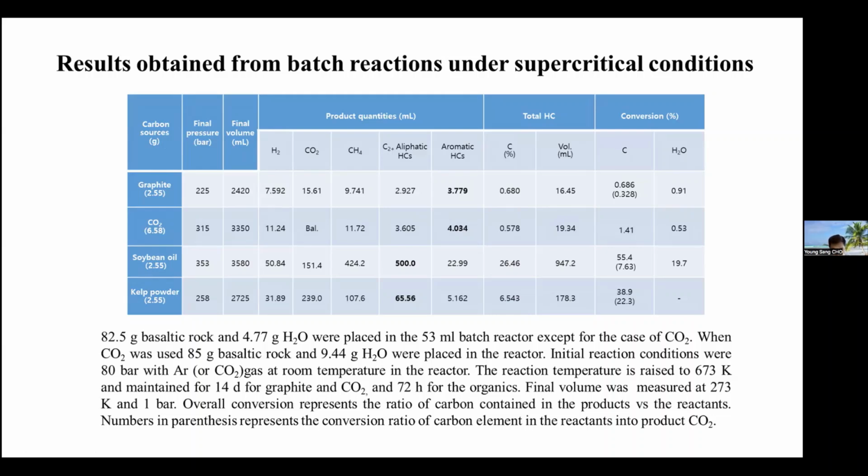As seen in the table, when we use inorganic compounds, aromatic hydrocarbon production is dominant. But if we use biomass, then aliphatic hydrocarbons are dominant in the product.